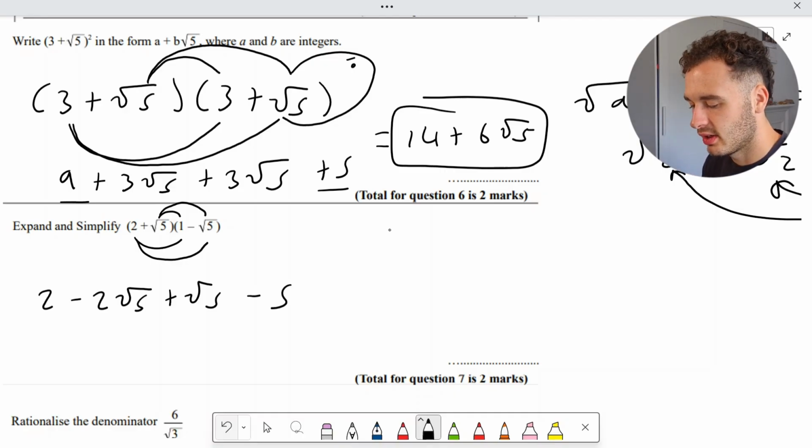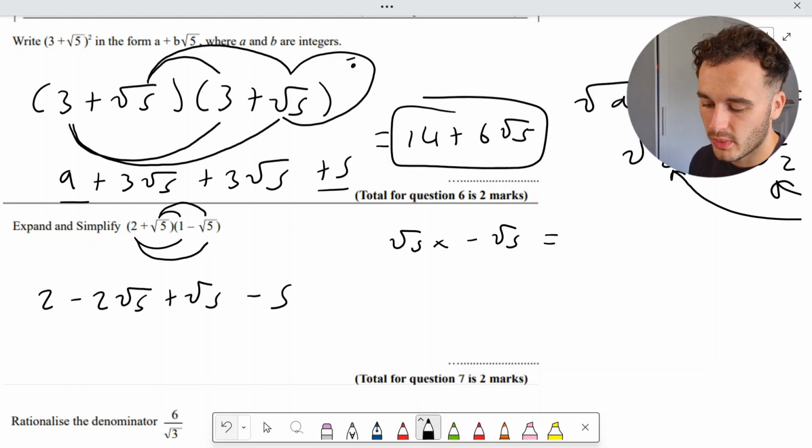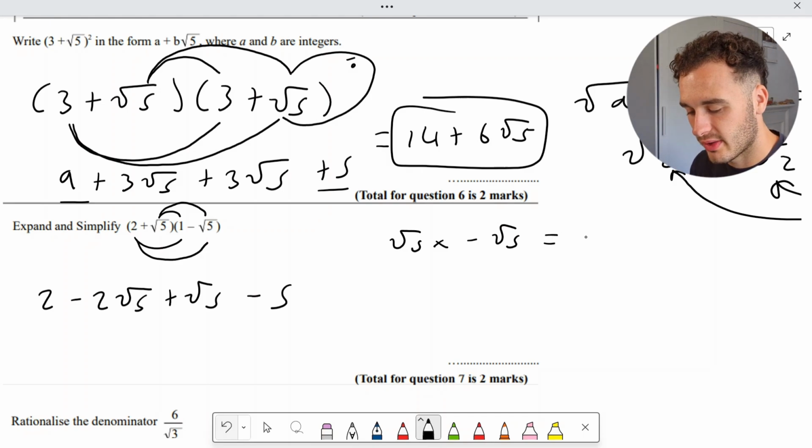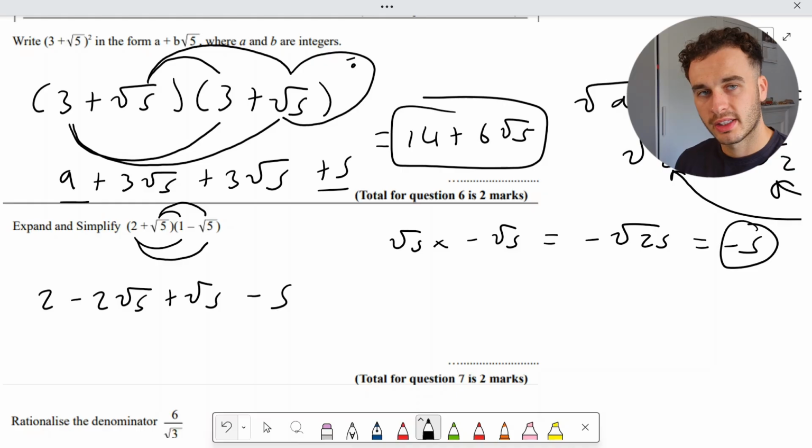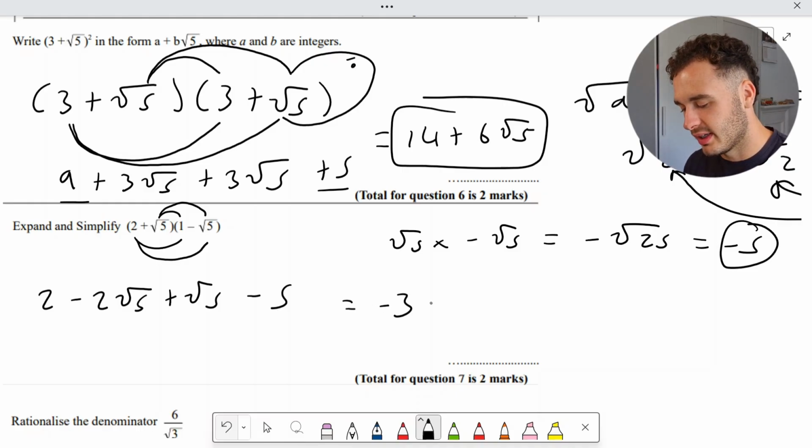Because root 5 times by minus root 5, well, that's root a times by minus root a. So that's going to come out as minus the square root of 25, which is just minus 5. Okay, and then collecting like terms, this is just going to be minus 3 minus root 5.